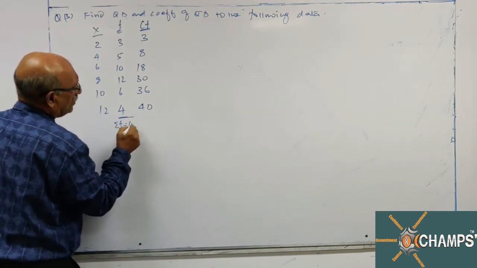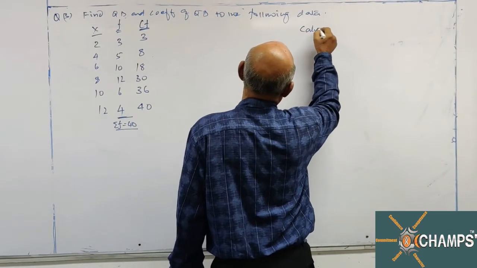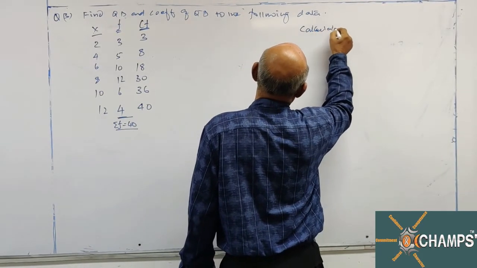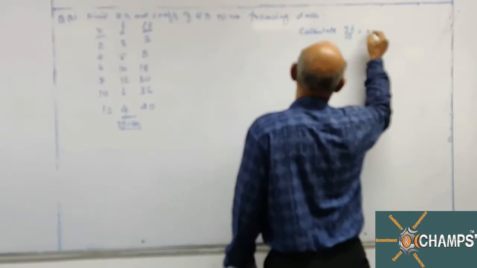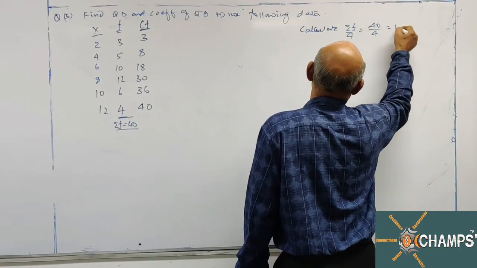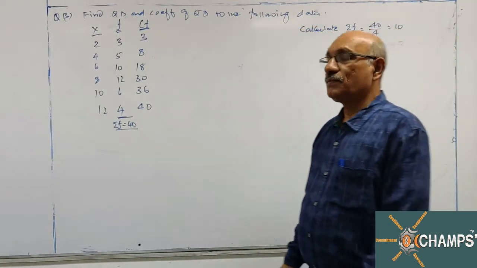Summation of f is equal to 40. Now calculate summation of f by 4. 40 divided by 4, this is 10.